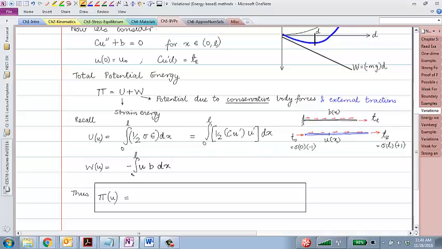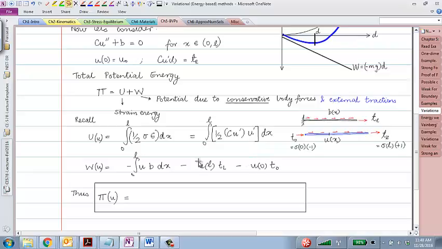And you would have the external tractions. That would be minus u at L, TL. That's this guy. And similarly here as well, if I have u of 0, T0 is also in the same direction, I would have minus u of 0 T0.